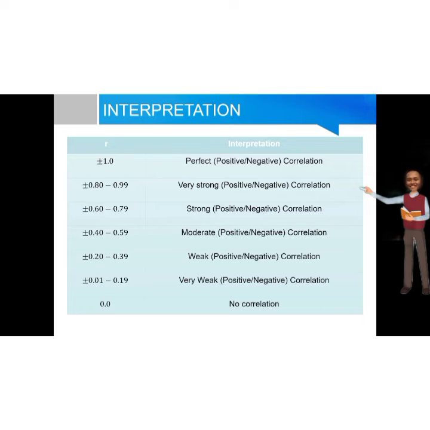Positive or negative 0.20 to 0.39 is weak positive or negative correlation. And positive or negative 0.01 to 0.19 is very weak positive or negative correlation, and 0.0 means there is no correlation.